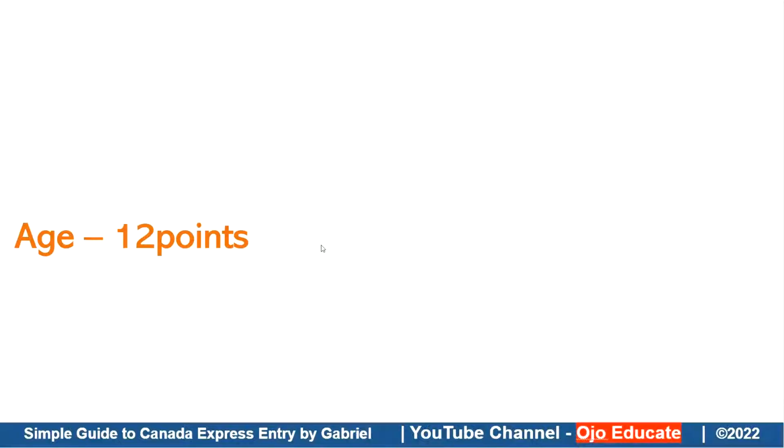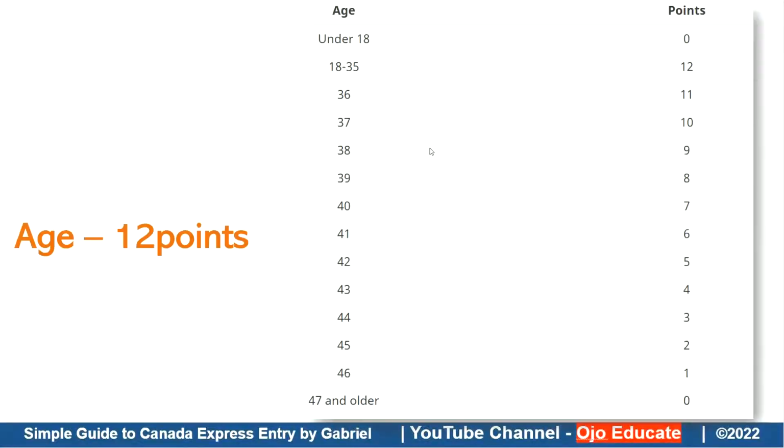Age is 12 points. And for age, if you are under 18, that means you are 17 years or below, you are not eligible to apply for Canada Express Entry. So for you to be able to apply, you have to be 18 and above.